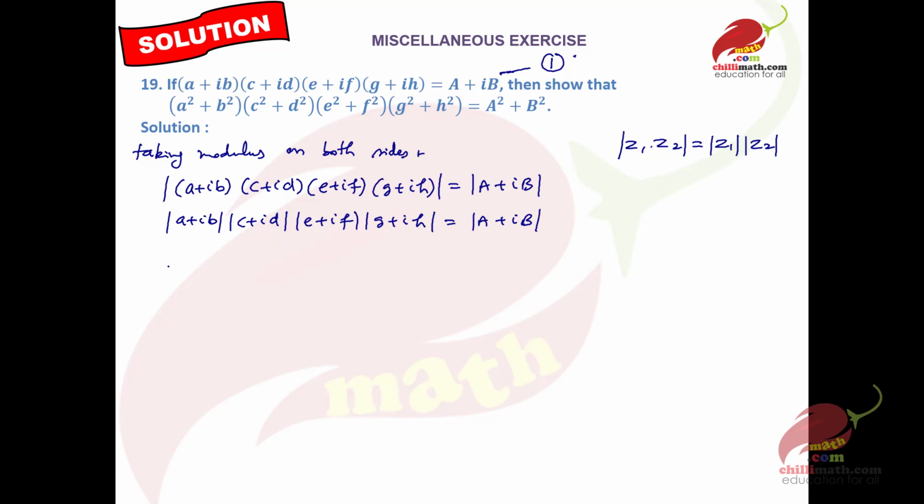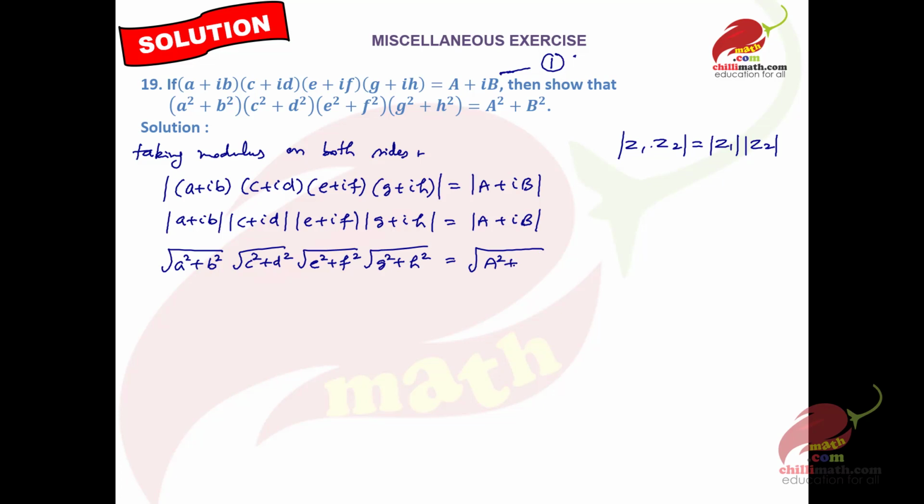And modulus we know how to find. This is square root of a square plus b square, that is real part square plus imaginary part square. Modulus of c plus iota d is square root of c square plus d square. Its modulus is square root of e square plus f square. Its modulus is square root of g square plus h square.